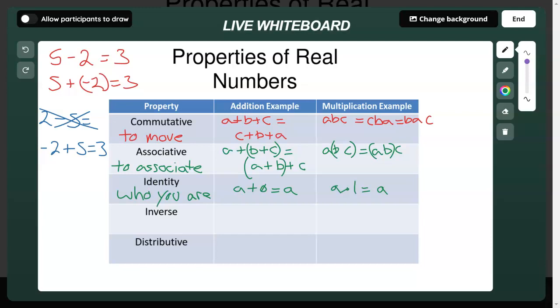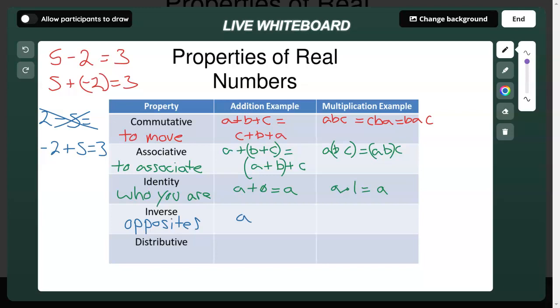Inverse. Inverse is opposites. So our additive inverse, we're looking at the opposite of a number. If I have a number A, how do I get the opposite of the number? Make it negative.